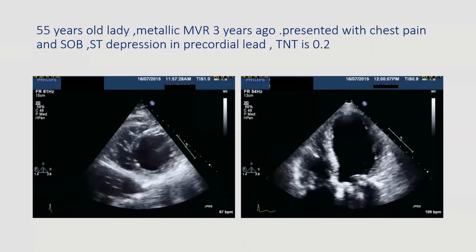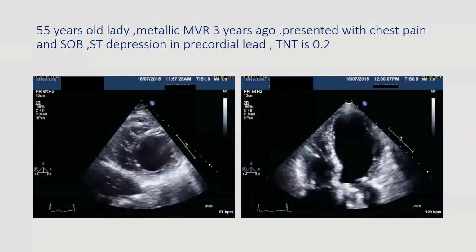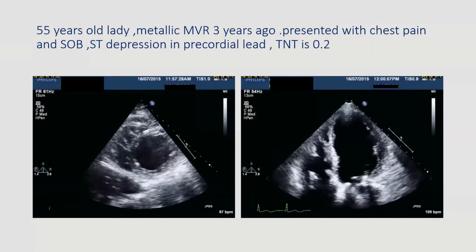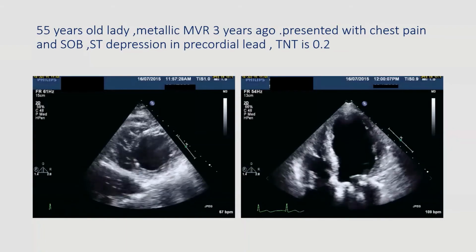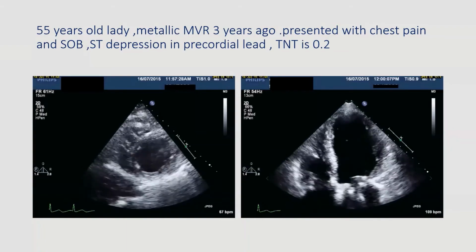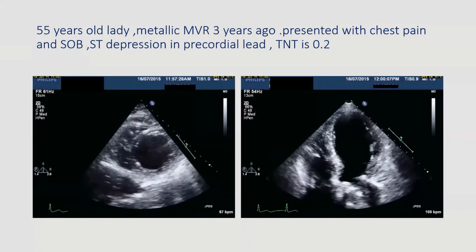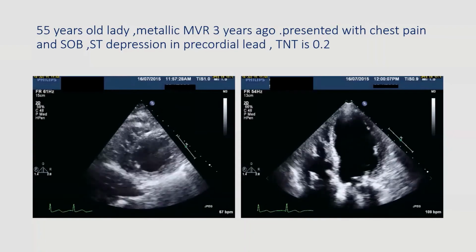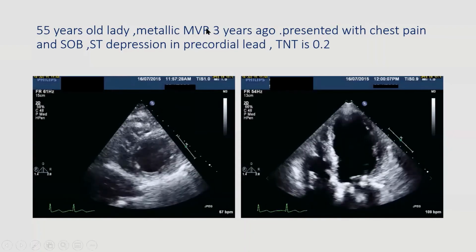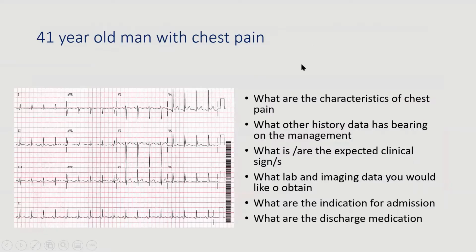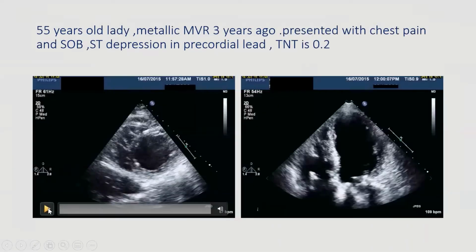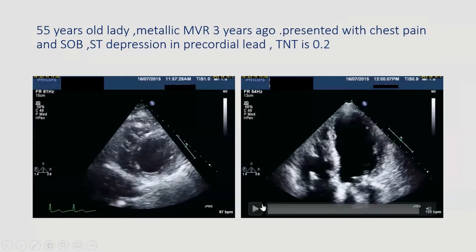Because so far the diagnosis of Takotsubo, stress-induced cardiomyopathy, is a diagnosis in retrospect after you rule out ischemia, invasively or non-invasively. But you have to rule out ischemia. Okay, good.